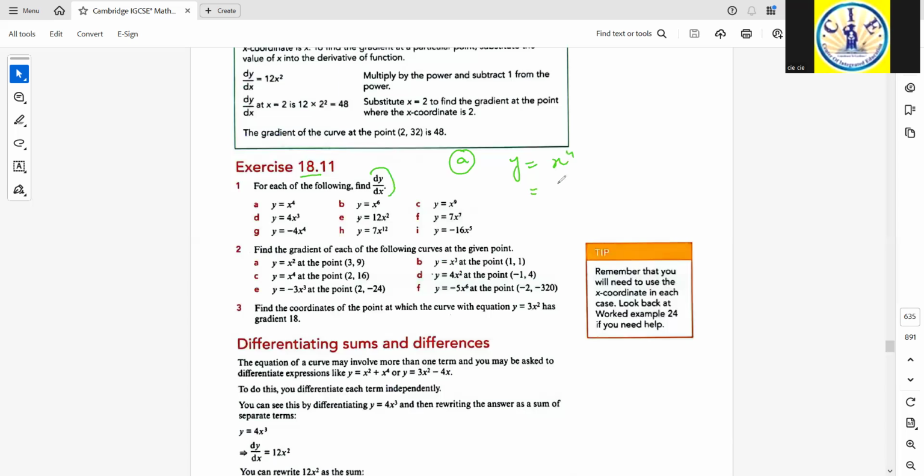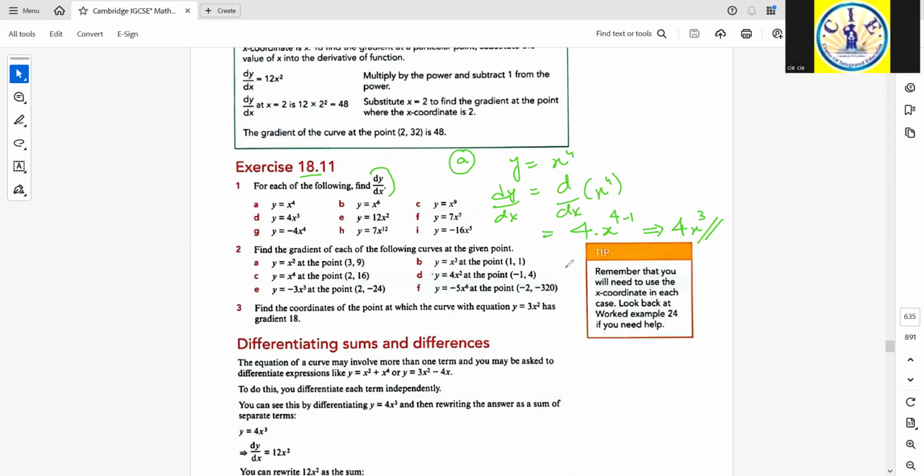So we would apply that rule: when we differentiate y with respect to x, we write d by dx of x raised to power 4, and then the power would be written at the beginning, and then x raised to power 4 minus 1. That would give us 4x raised to power 3. That is the derivative of x raised to the power 4.